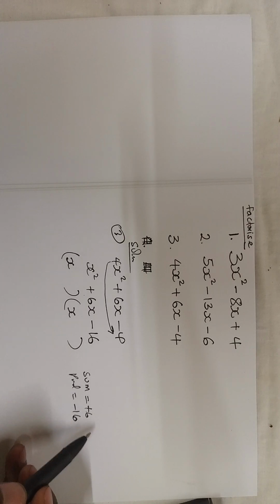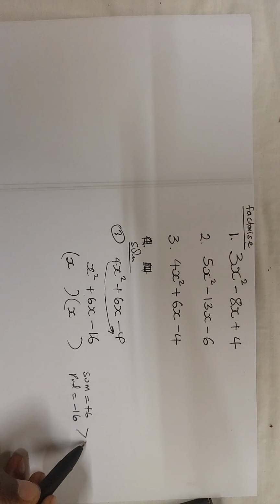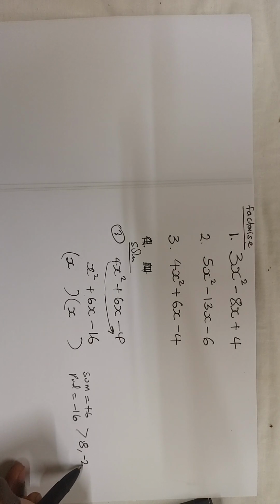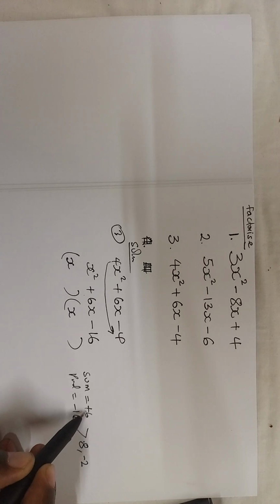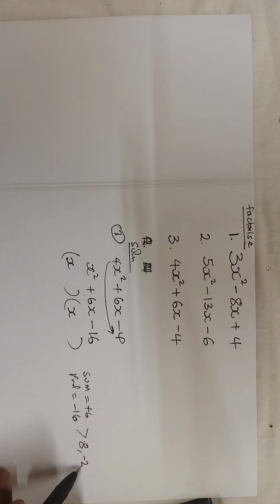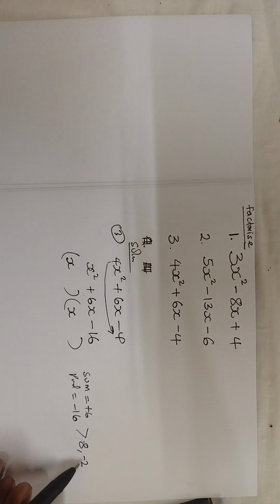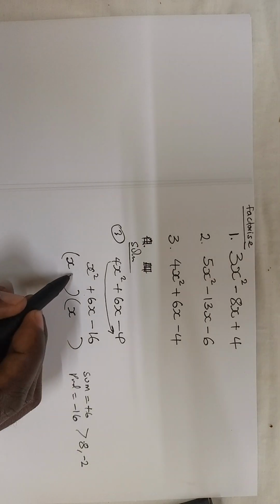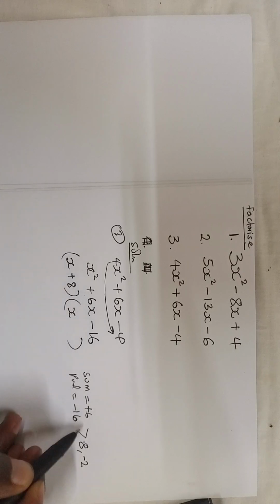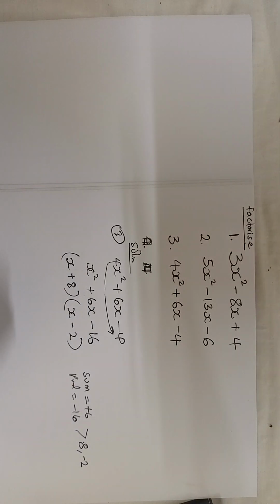I think this should be positive 8 and a negative 2. If I add these two, they shall give me a positive 6. If I multiply the two, they shall give me a product of negative 16. So I can have here positive 8 and then a negative 2.